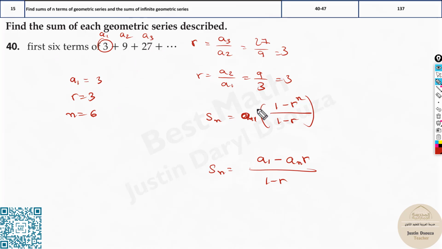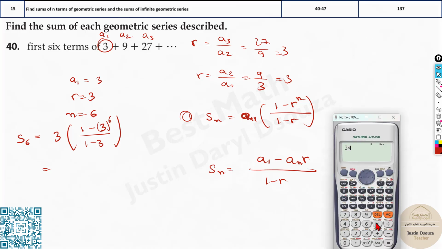And what we need to do is use the first formula which I've written. So here n is 6. A1 is 3 multiplied by (1 minus R, which is 3, we found out, to the power N, which is 6) divided by 1 minus 3. All you do is put it in the calculator and that will be the answer.